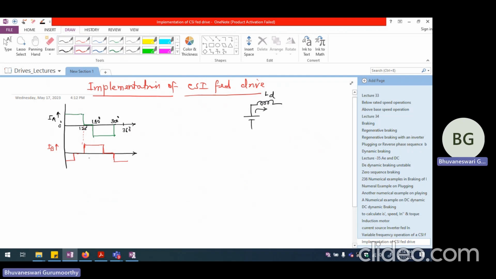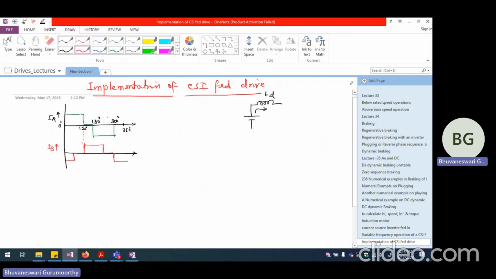And we can definitely look at this waveform in terms of harmonic analysis or Fourier expansion. Very clearly, this current being a quasi-square wave current will have a lot of harmonics. So this is definitely going to have fifth harmonic, seventh harmonic, and so on and so forth.